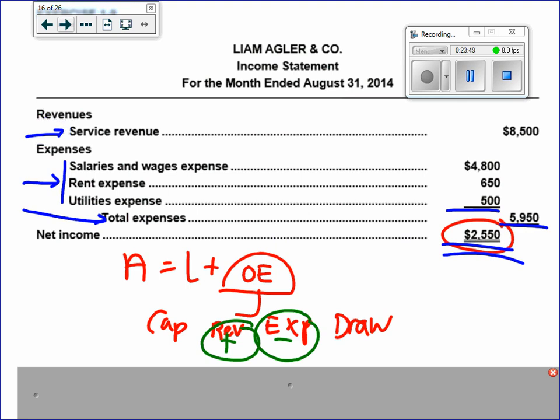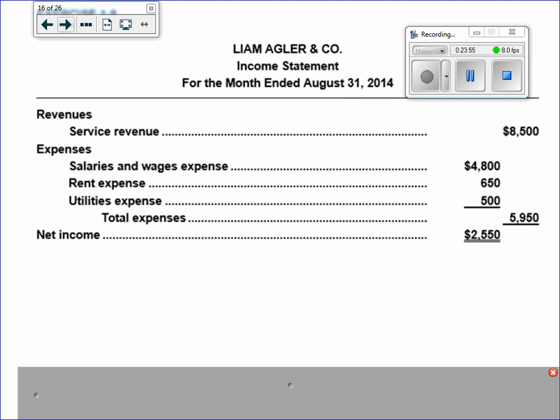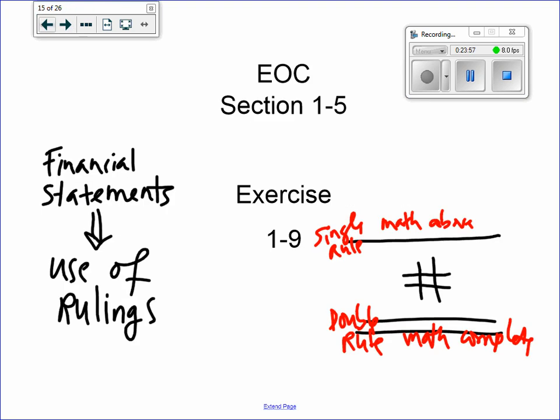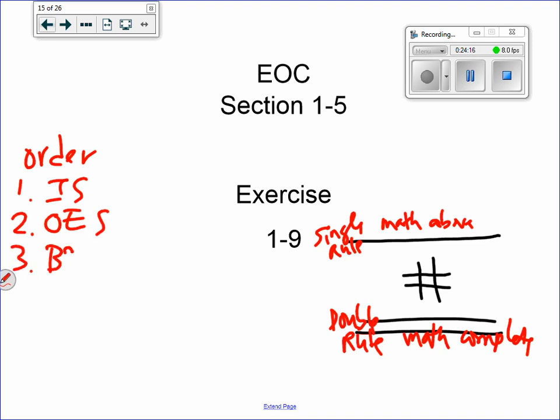We are going to begin by building our income statement, but not before I remind you the order. The order that we're going to use to complete financial statements is this. We are first going to complete our income statement. We are second going to complete our owner's equity statement. Finally, we'll complete our balance sheet, which is simply ALO done vertically.